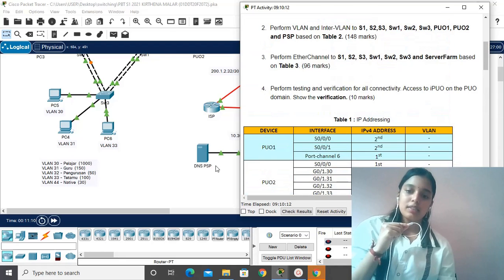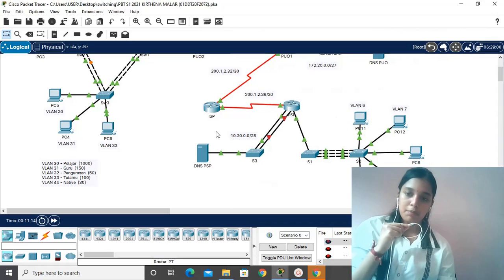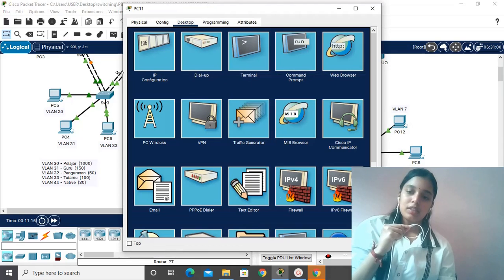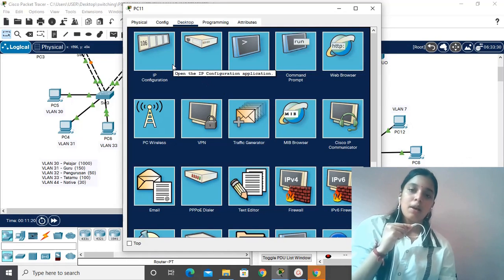So I just do the IPv4. I give IPv4 addresses for all the PCs given. There are 12 PCs, so we should give the IP address for all PCs.